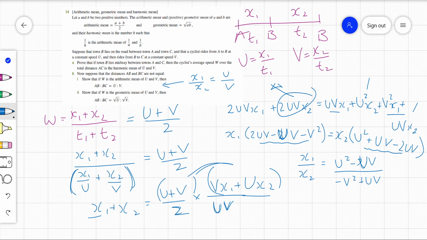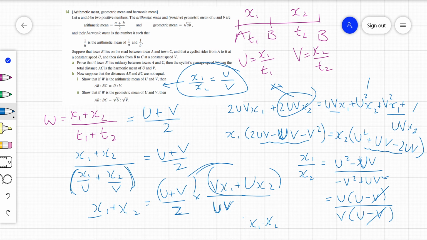Alright, so if you think about it, this is u minus v factorised by u. And if I factorise by v, I'll take this term first, it would be u minus v. So these cancel, and I will get x1 on x2 equals u and v. Therefore, x1 to x2, or ab to bc, equals u to v.